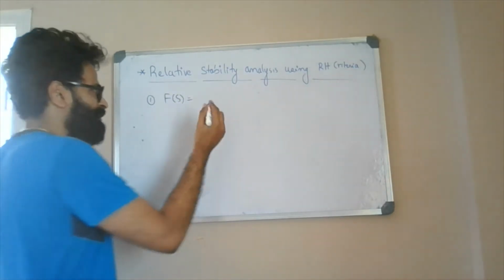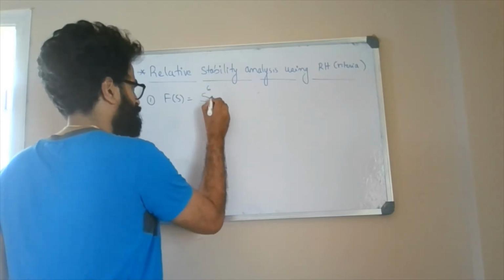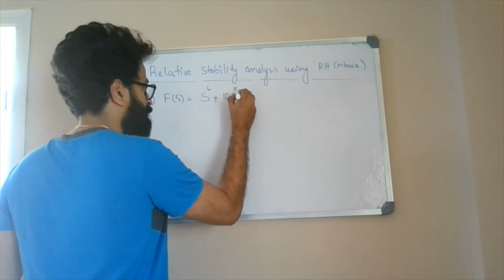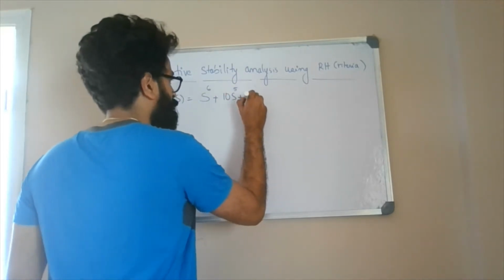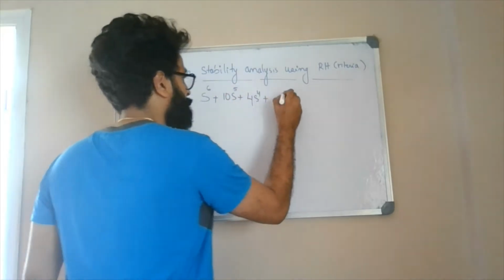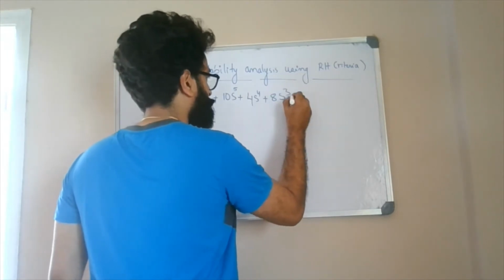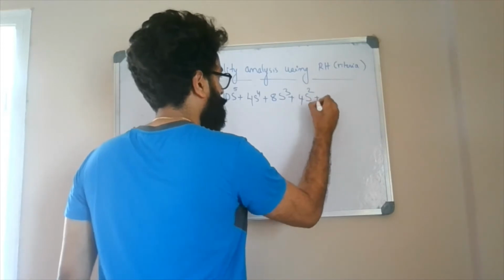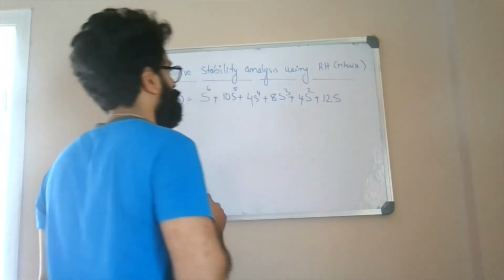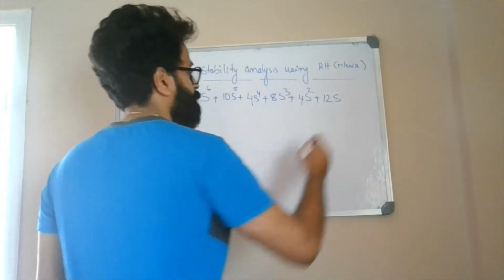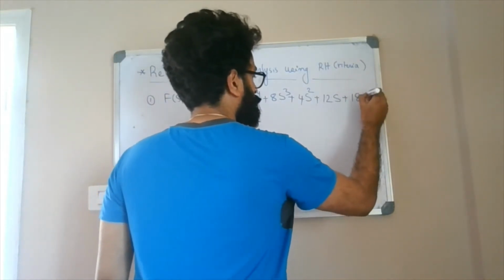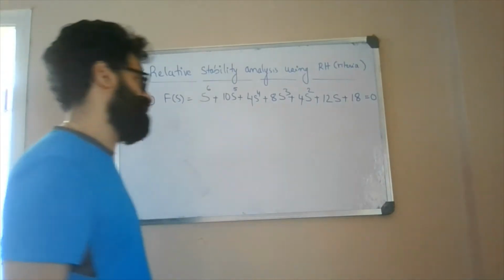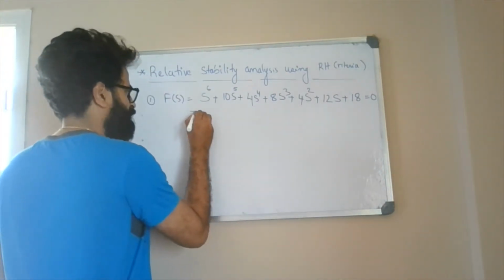Let's say some random system I will consider, s^6 plus 10 s^5 plus and so on, is equal to 0. So it's a sixth order system. That means to say there are 6 roots.